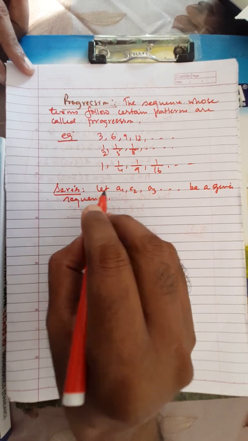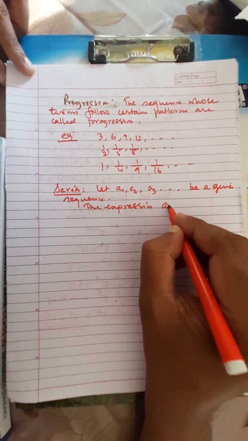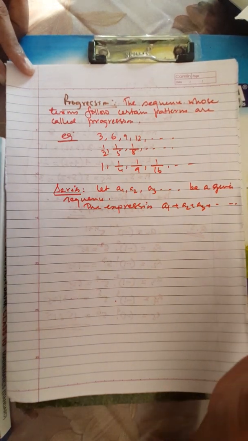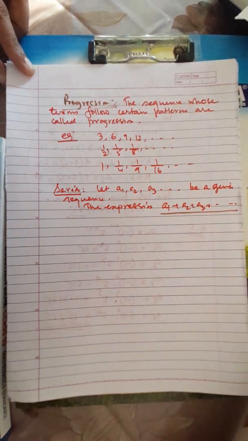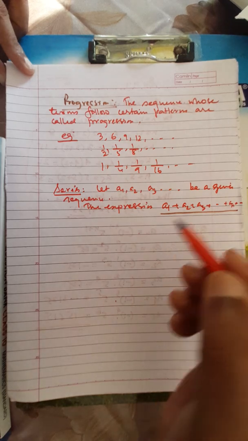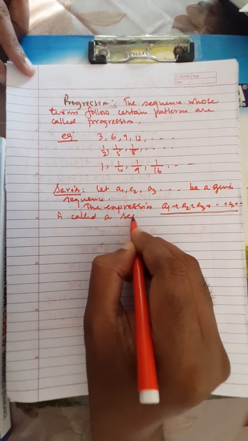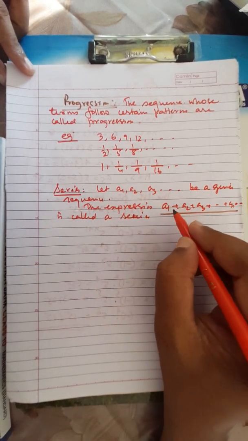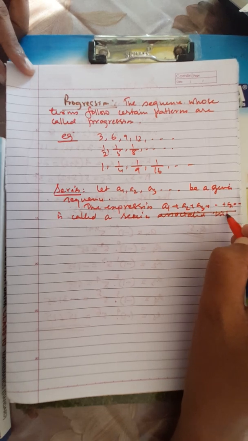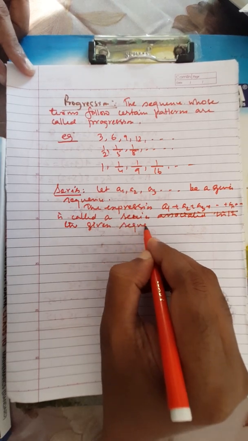The expression A1 plus A2 plus A3 plus ... plus An plus ... is called a series associated with the given sequence.